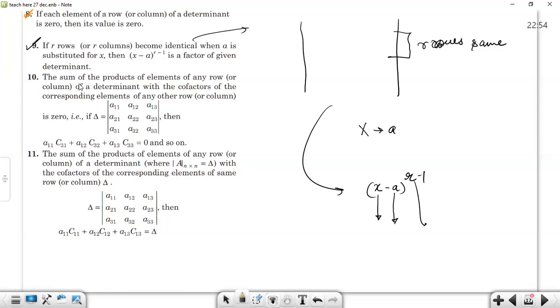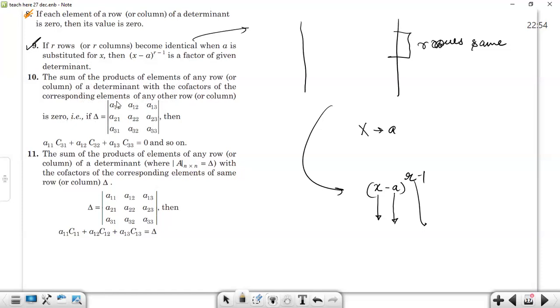The sum of the products of elements of any row or column of a determinant with the cofactors of corresponding elements of any other row is 0.